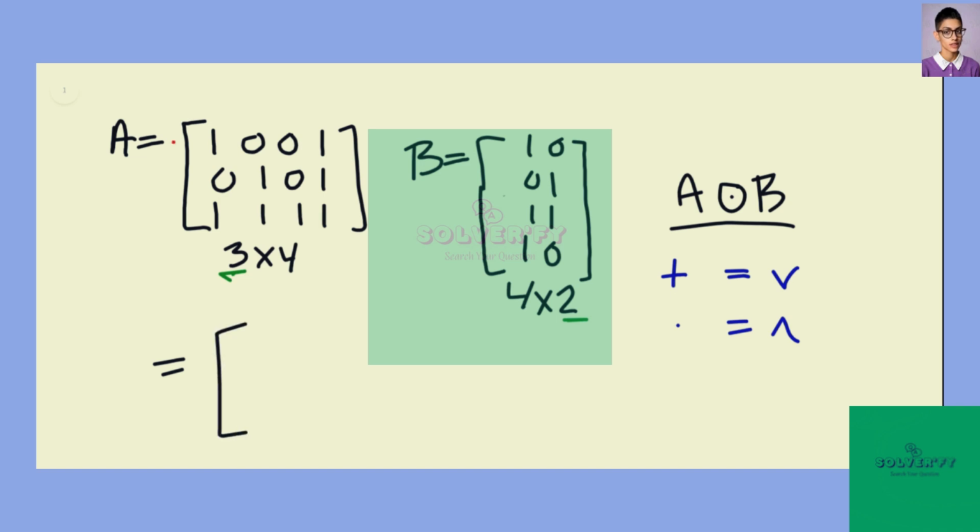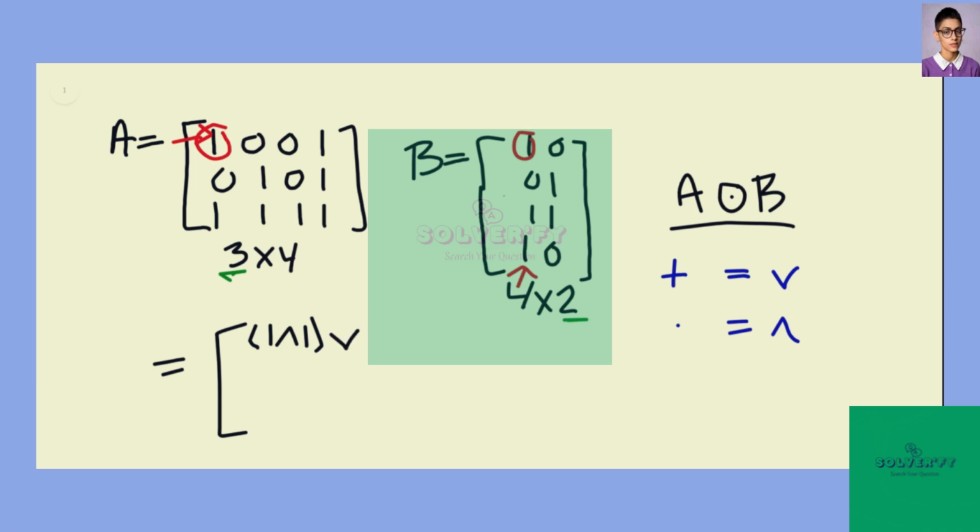we'll take the first row of A and the first column of B, and we'll take them element-wise, right? So we'll say 1, and instead of multiplying 1 and 1, we'll just use the AND. So we'll say 1 and 1. And then instead of adding the next two elements, we'll use the OR symbol.